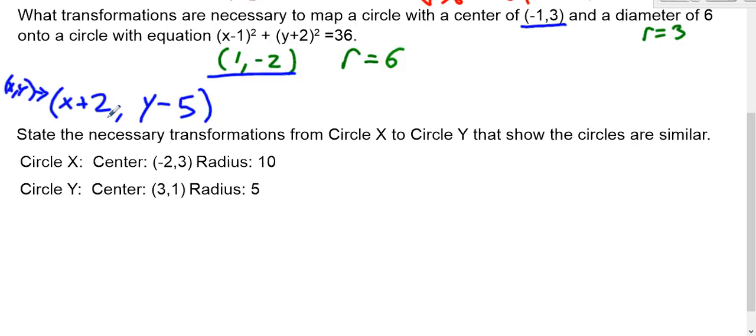Here's your rule. X, y goes to x plus 2, y minus 5. Or if you remember back to translations specifically, you could say it's the translate along the vector 2, -5. Either of those is fine for saying how to translate it. So that's the translation. You go 2 to the right and down 5.